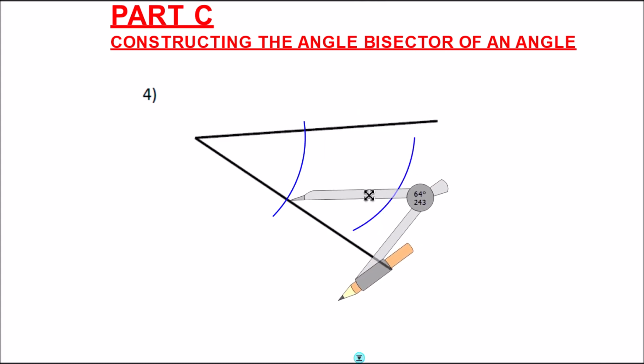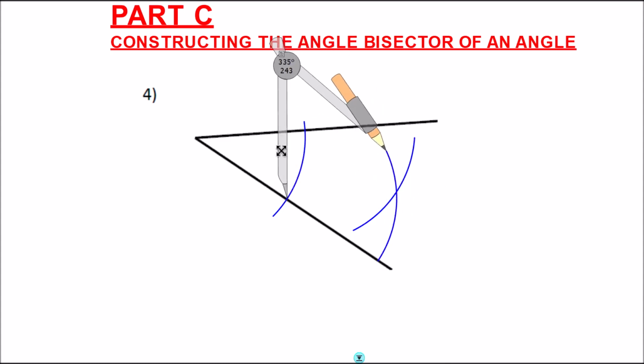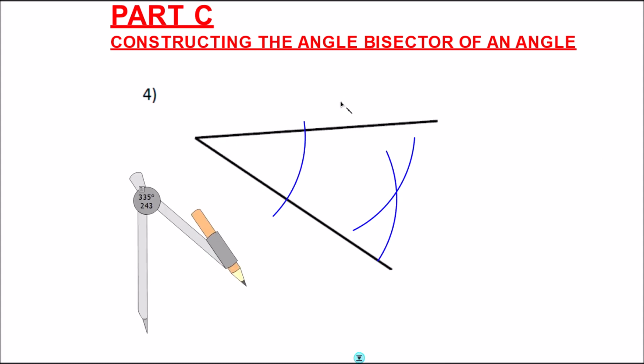Then move it to the other side and do a curve from the other end so that the curves cross in the middle. And finally, with a ruler, draw a straight line from where the angle begins through where the curves crossed, and that's the angle bisector for question 4.